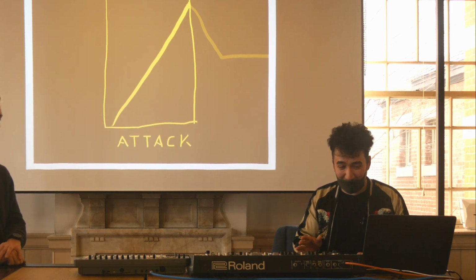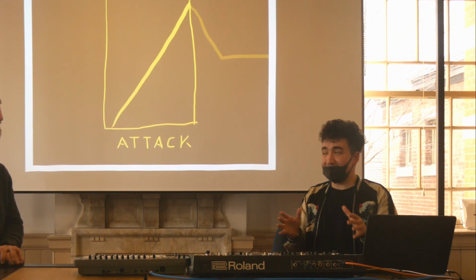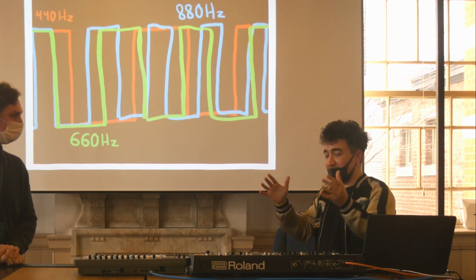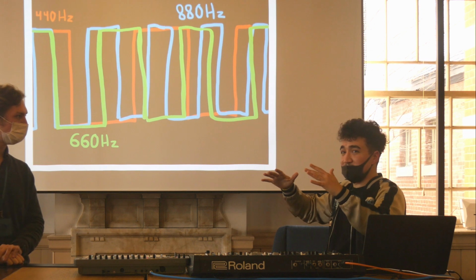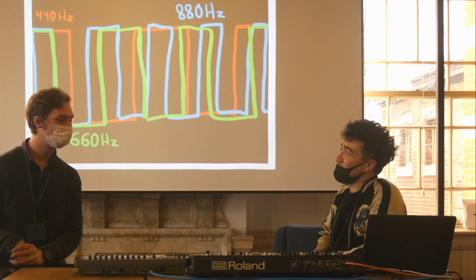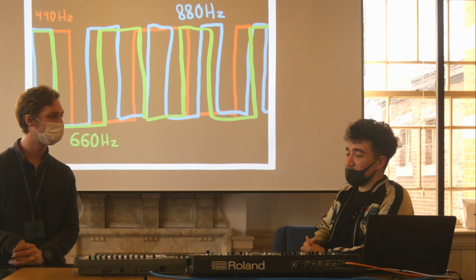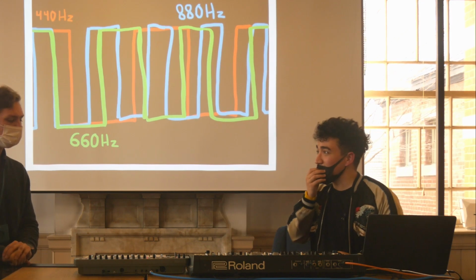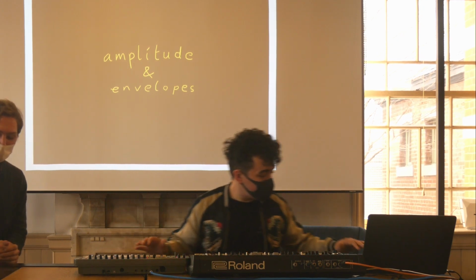The envelope takes the waves and creates a shape for them, and it controls how the sound comes out of the synthesizer. To just show it instead of talking about it.